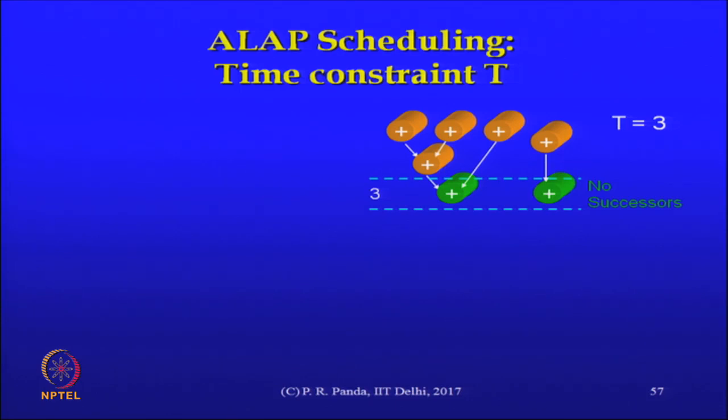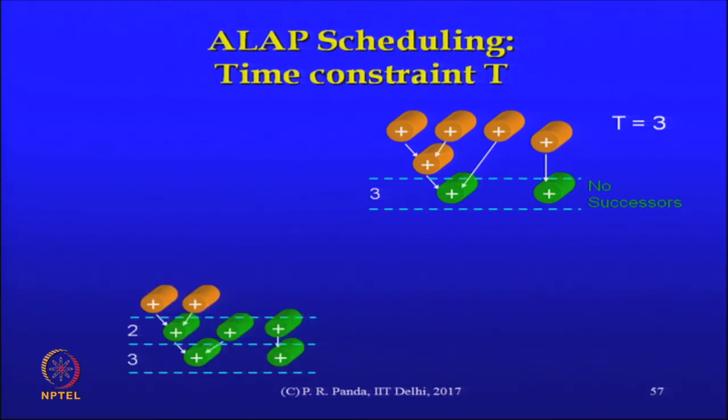I identify the nodes with no successors and assign them to the last cycle, whatever the deadline is. Then those nodes are removed, the cycle is decremented, and the deadline is updated, and then I again run the same thing. So, this is similar.